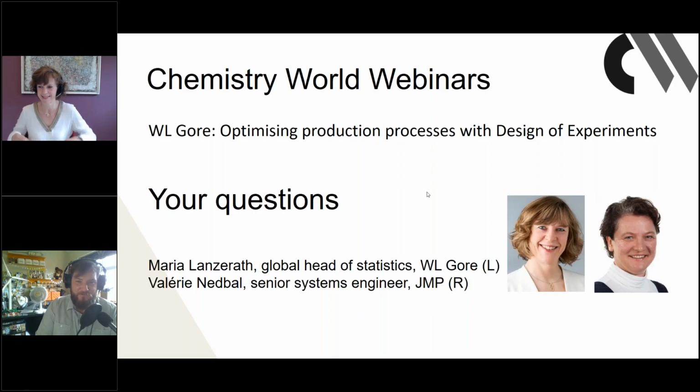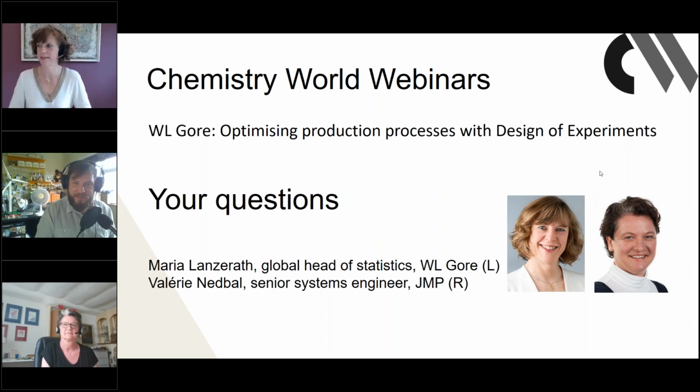So we've had plenty of very interesting questions, and let's get Valérie back as well. While Valérie's just joining us, I had a question from Wayne who asked if it's possible to get hold of the data to try some alternative analyses.